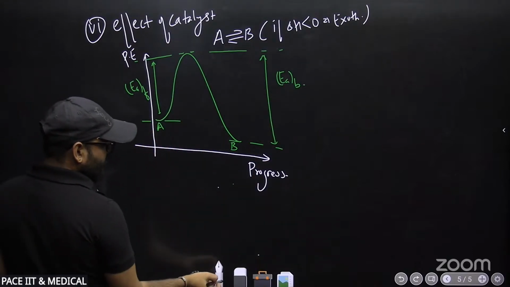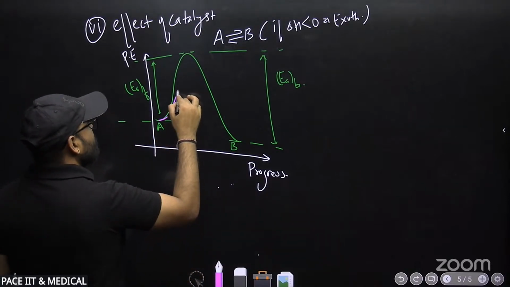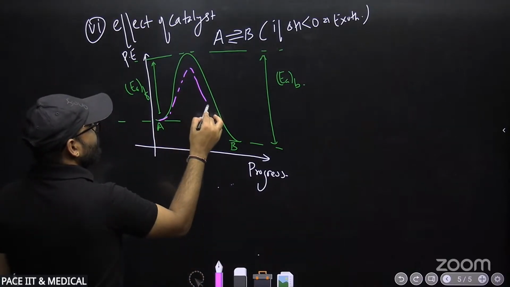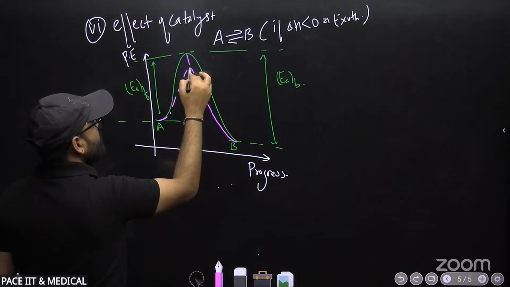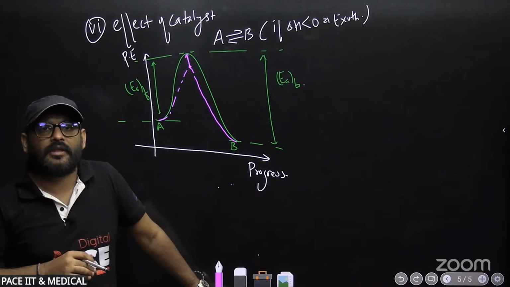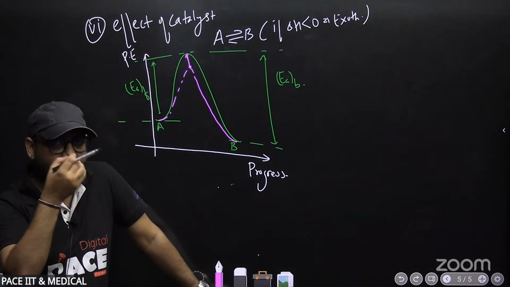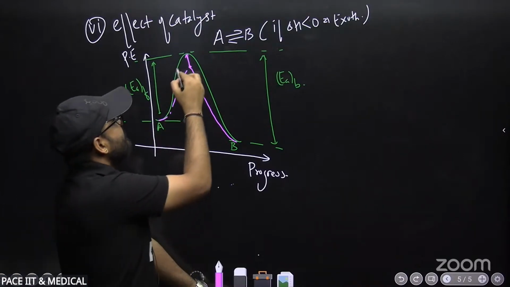What will happen due to catalyst? Due to catalyst, this peak will be reduced. Let's say your exam's cutoff is decreased somewhat. Some magical powers and your exam's cutoff is decreased, let's say by X amount.